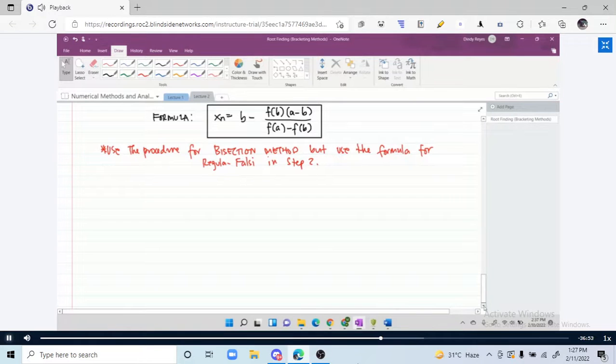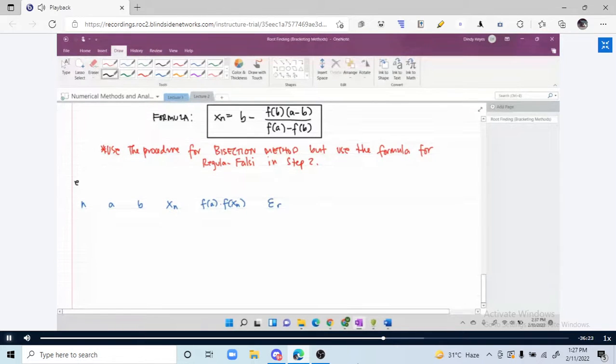Alright, tingnan natin kung sino mas mabilis mag-converge. So root, given the same example, given the same relative error, but this time by using another formula. Okay, so n pa rin, you'll have n, a, b, x sub n, and then you still have to look at the sign of f of a times f of x sub n, and then you have to compute for the relative error.